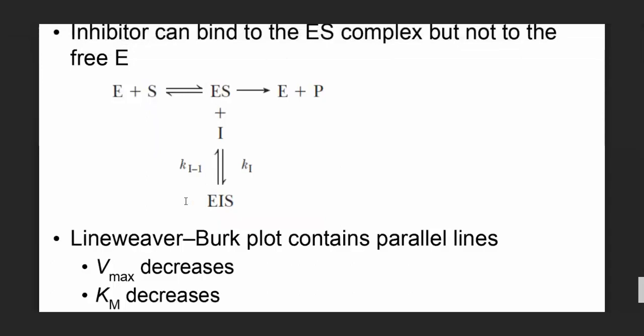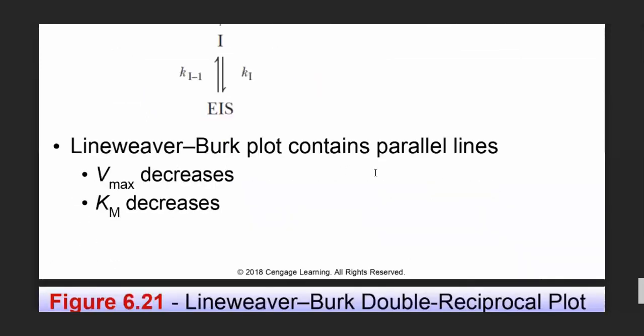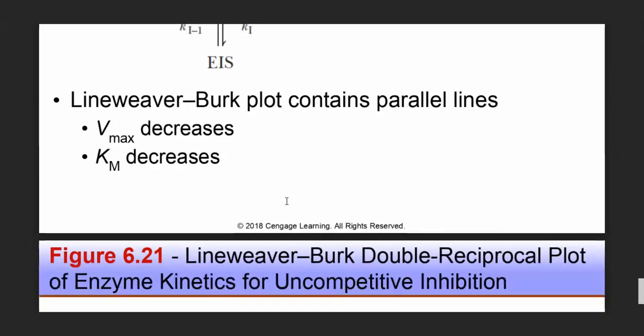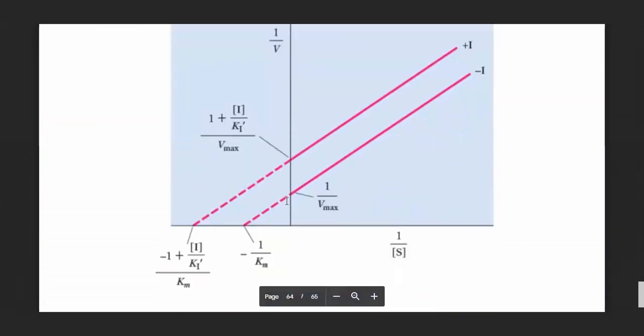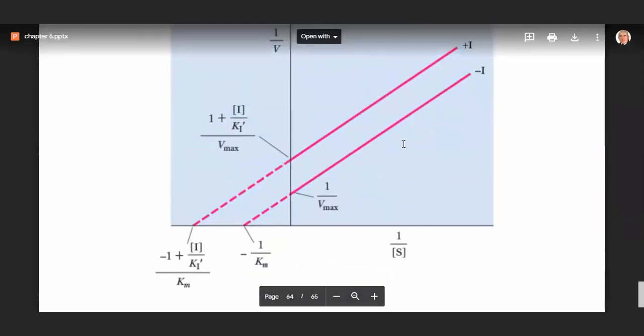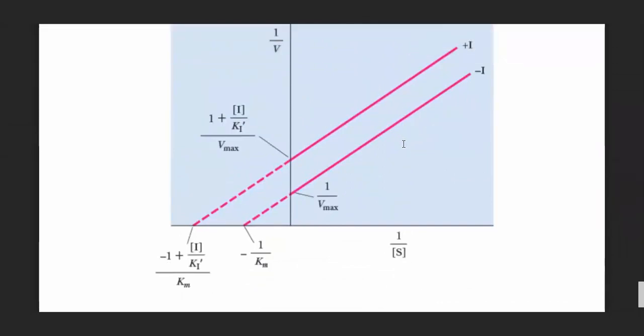Now, the Lineweaver-Burk plot contains parallel lines, which means again that both values change, which means that both values decrease. Even two parallel lines. So you have now three common types of reversible inhibition: competitive, non-competitive, uncompetitive.